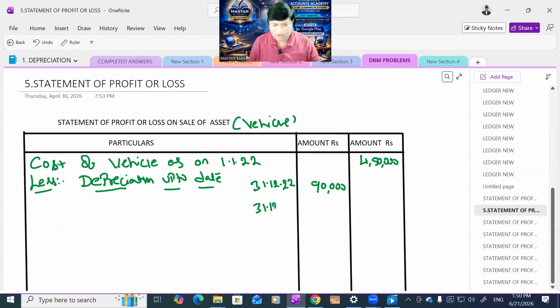On 31/12/23, it comes to 72,000. On 30th June 24, it comes to 28,800. So make the total of all these three values: 90,000 plus 72,000 plus 28,800. The total comes to how much, dear students? It comes to 1,90,800.